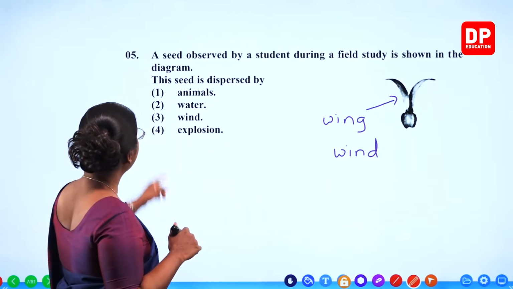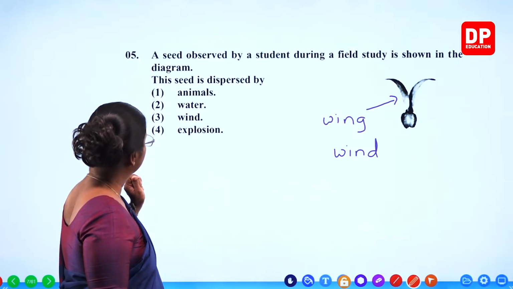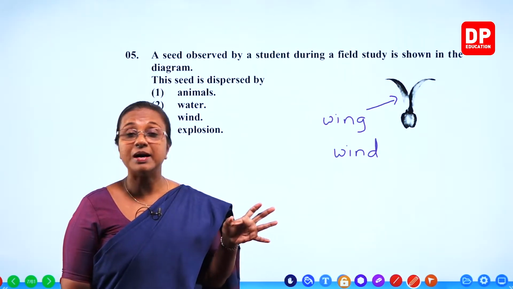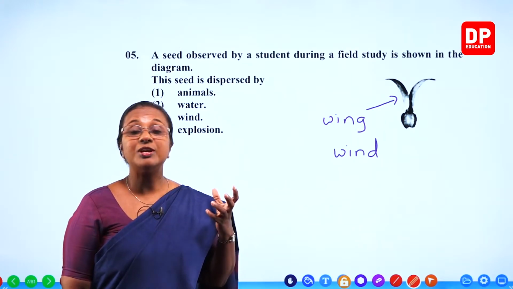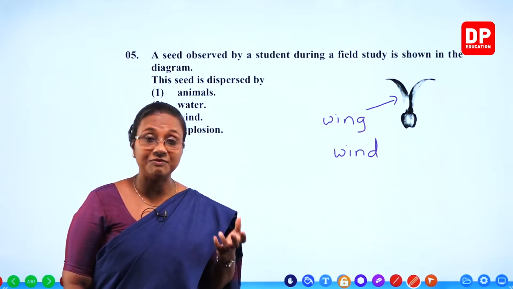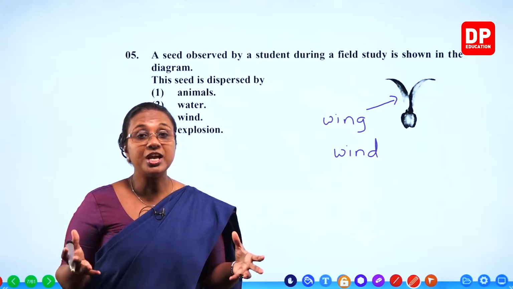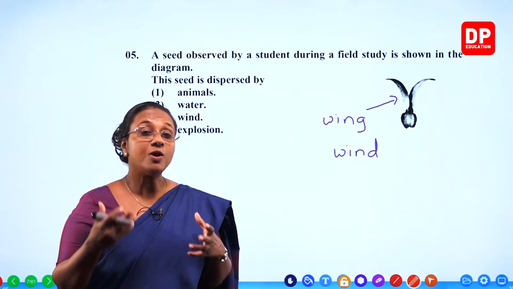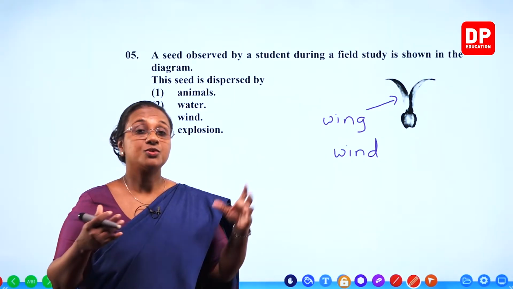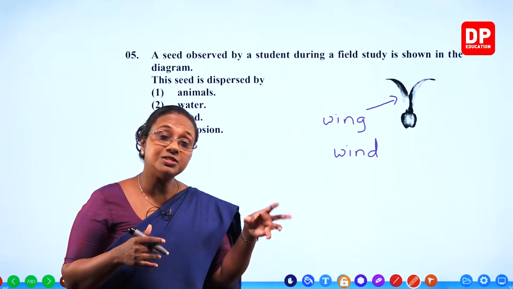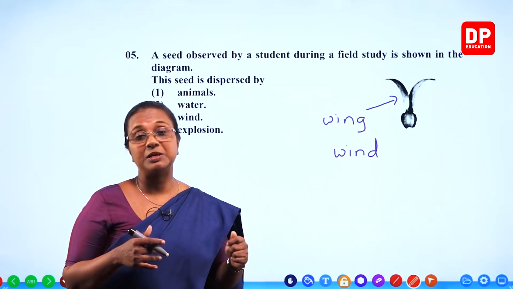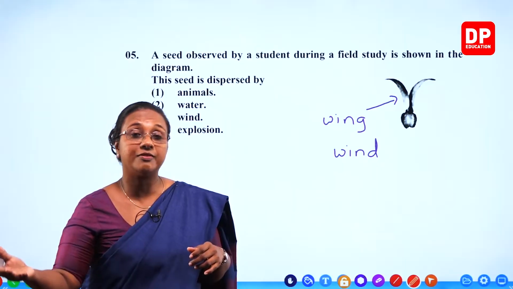Now, if we look at the answers, there are the other methods. Animals: if a seed is being dispersed by animals, you all know usually they have a very bright, attractive color, a different shape, a succulent edible part and also a fragrance. So the animals consume the fruit as food and then they disperse the seed. They take the seed to a different place.